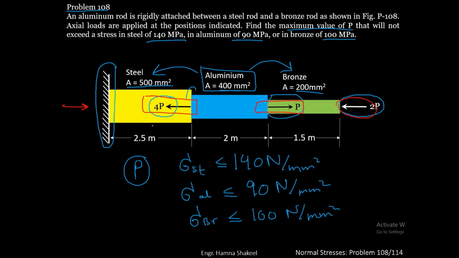So if you take the left direction as negative, you will have minus 4P plus P and minus 2P as the action. So you have minus 5P as the action. Minus 5P means that an action of 5P force is being applied on this rod. So you will have a reaction of 5P on the rigid support.